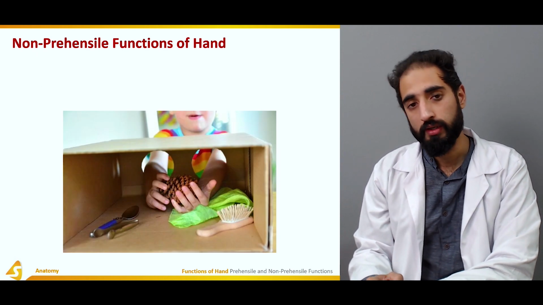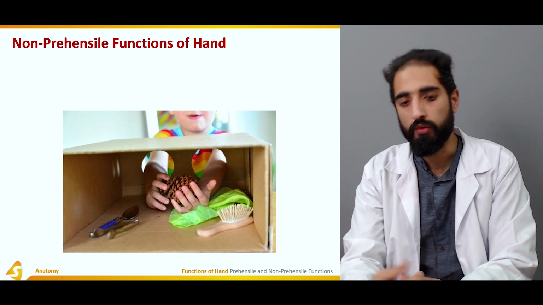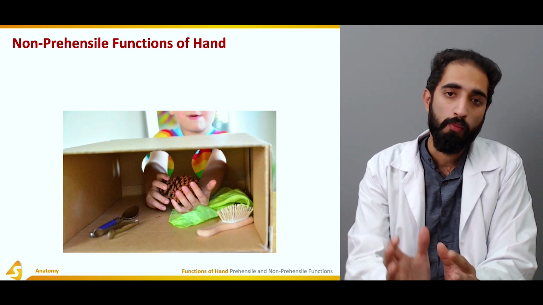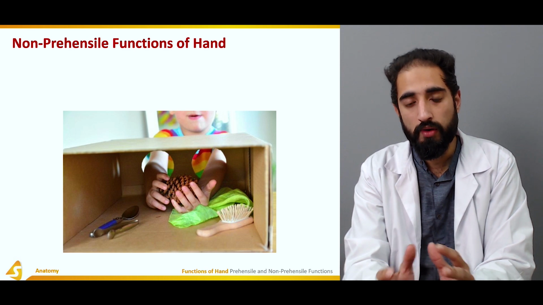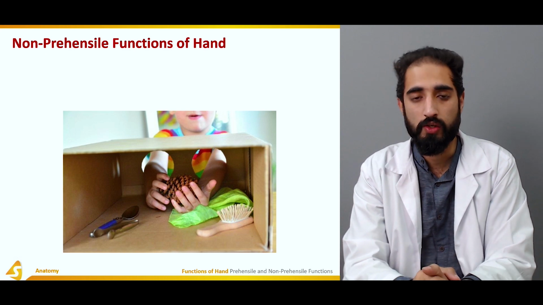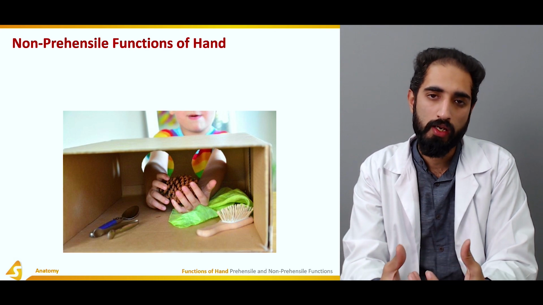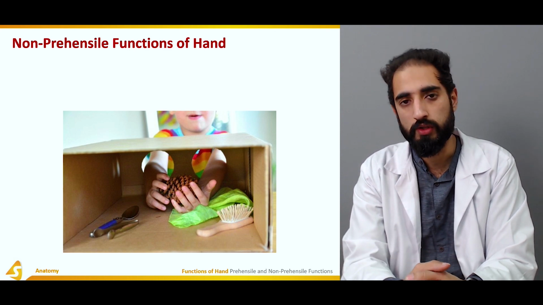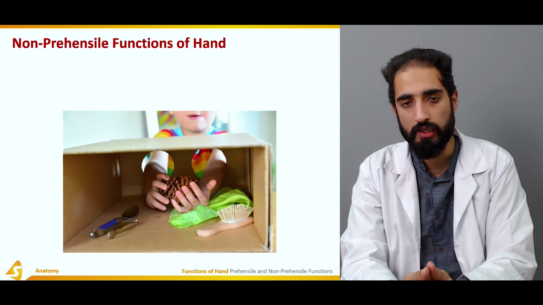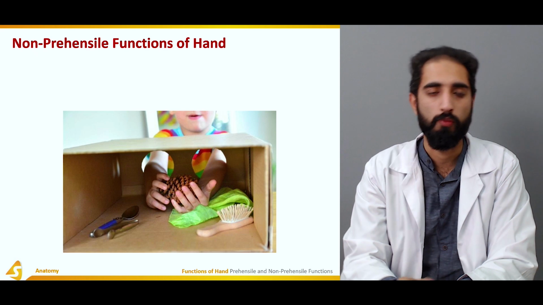Moreover, another very important non-prehensile function of the hand is sense, because the hand is very sensitive. If we talk about our motor cortex and sensory cortex, there is a very broad area of the brain dedicated to the hand, in terms of the homunculus, because it is very sensitive for sensations, as well as very important for delicate and intricate motor movements.